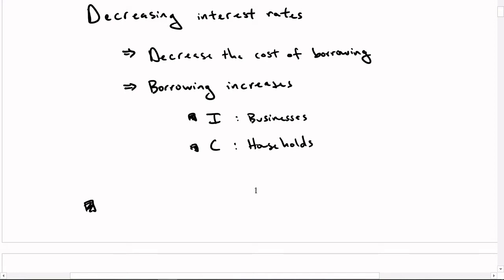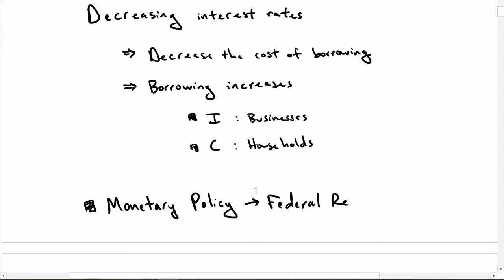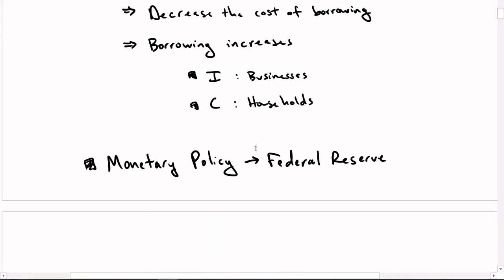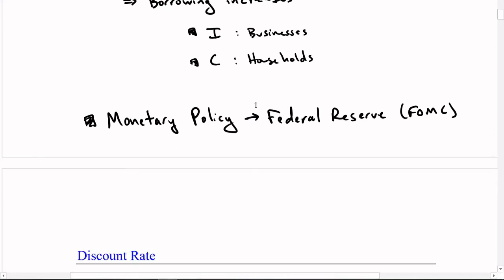But monetary policy is conducted by the Federal Reserve, and primarily the Federal Open Market Committee, who typically meets once every quarter, but actually they had two emergency meetings during this coronavirus crisis to conduct some of these monetary policy tools. Okay, so let's move on to those.